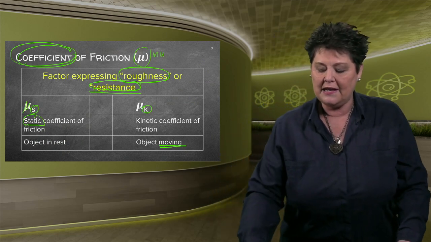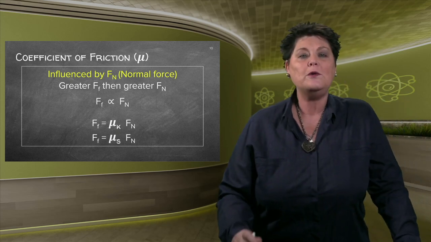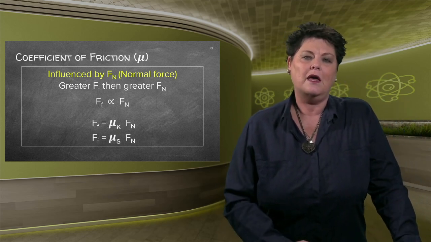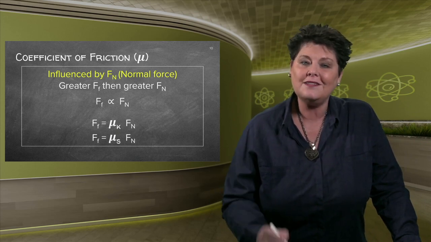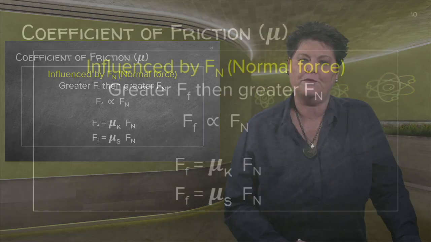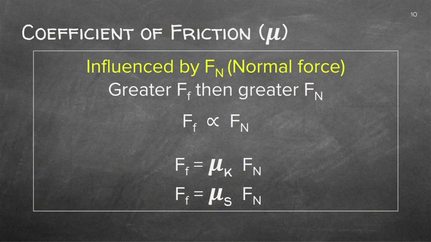There's a calculation which we can do when we've got the equation. And when you've got your answering or your information sheet, this equation will be on your information sheet. What does it say? It says the frictional force is proportional to the normal.